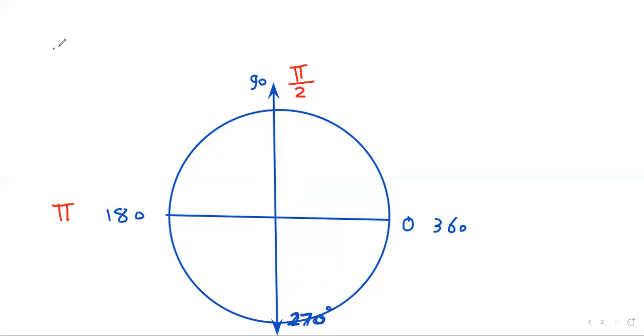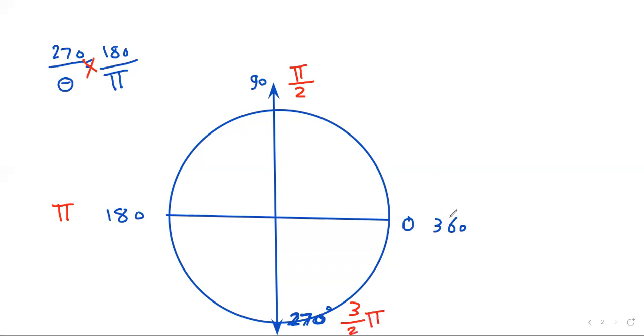Which is 270 over theta radian equals 180 over pi. Do it in terms of pi. It will be what? Do cross multiplying. Mariam. 3 over 2 pi. So it will be 3 over 2 pi. That's right.